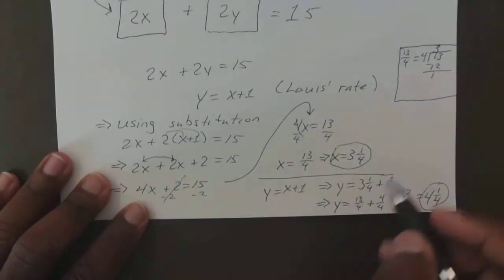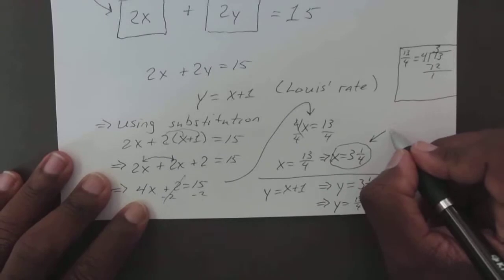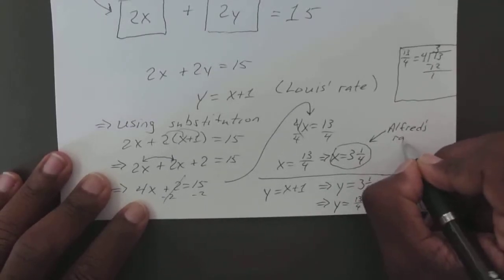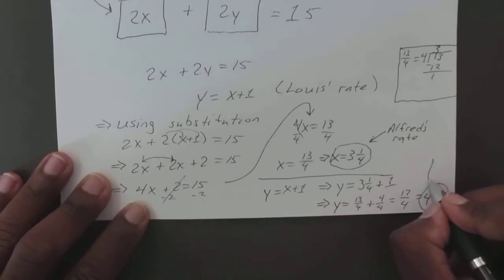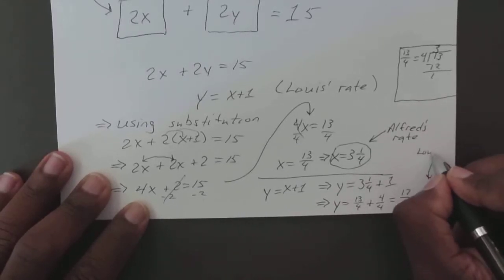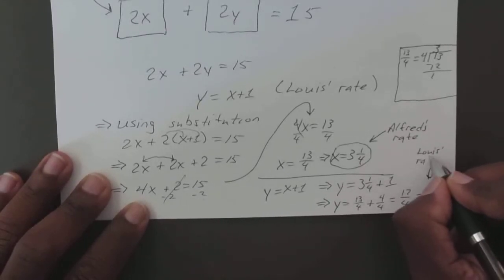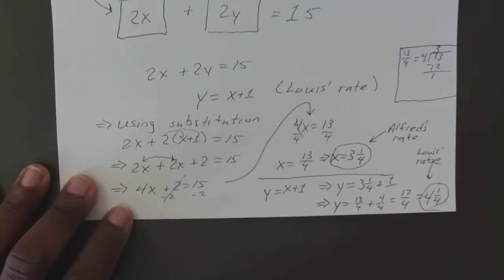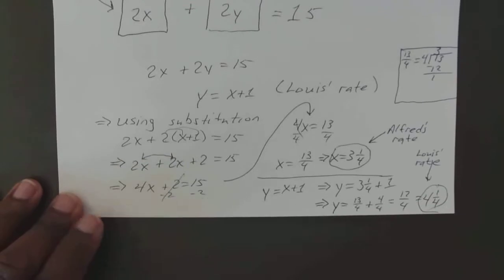Okay, so we know that this is Alfred's rate, and this is Lewis's rate. Okay, it's kind of drawn out and tedious, but we eventually got there. Any questions on that one?